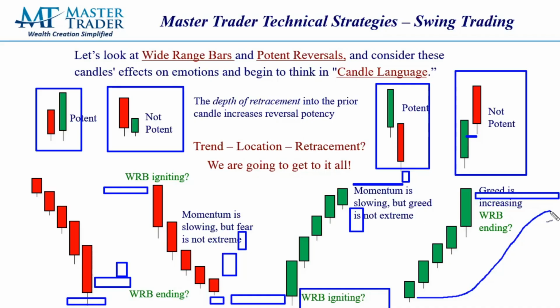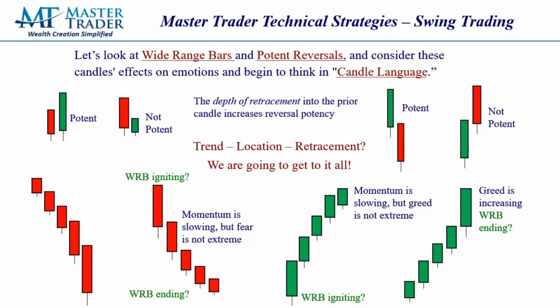And we'll talk about moving averages as visual aids. So what we're seeing here is the length of that base over time helps to dissipate the extreme and emotion that occurred with this run-up and wide range bar ending the move.